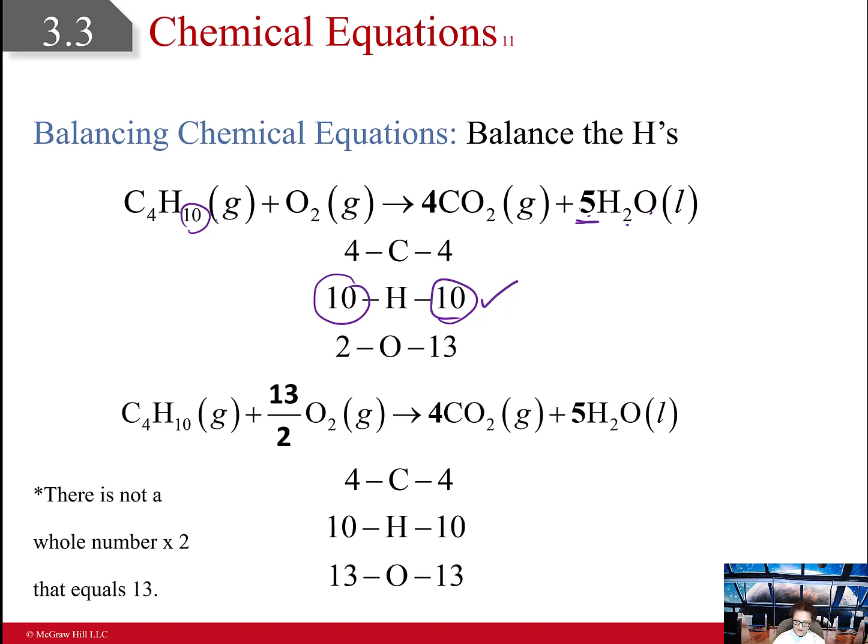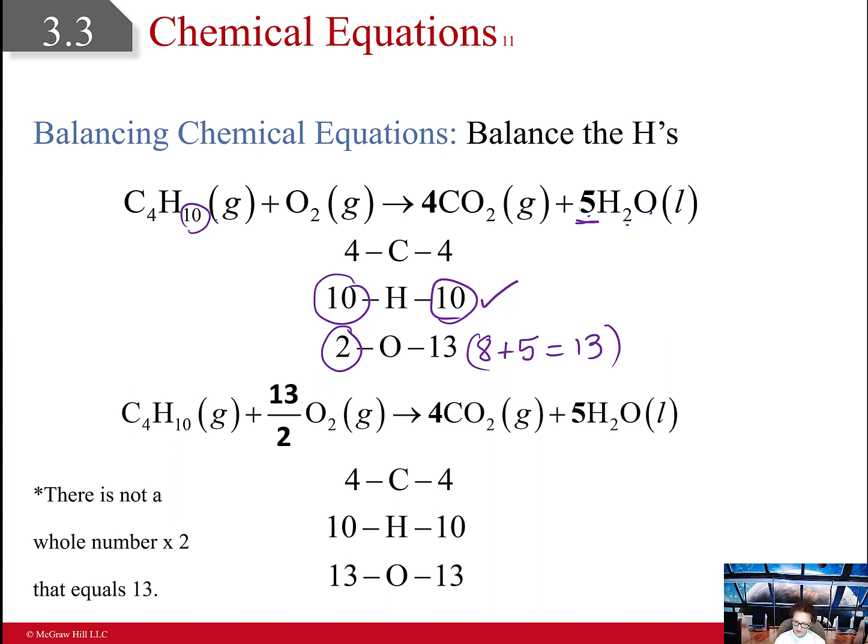So now I still only have 2 on the left side, and on the right side I have 13. I have 8 plus 5 is 13, okay? And again, I just keep up with that in my head, it's easier to do.